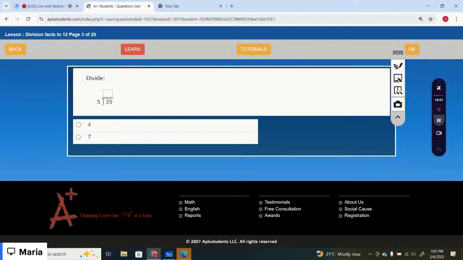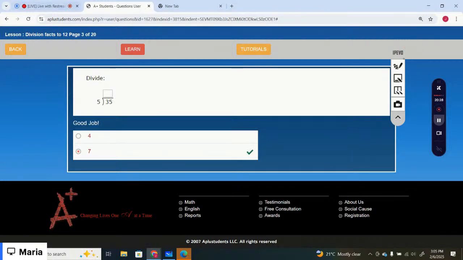35 divided by 5, which is the correct option? You need to count a table of 5 until 35. So 5 times what number is 35? 5 times 7 is 35.